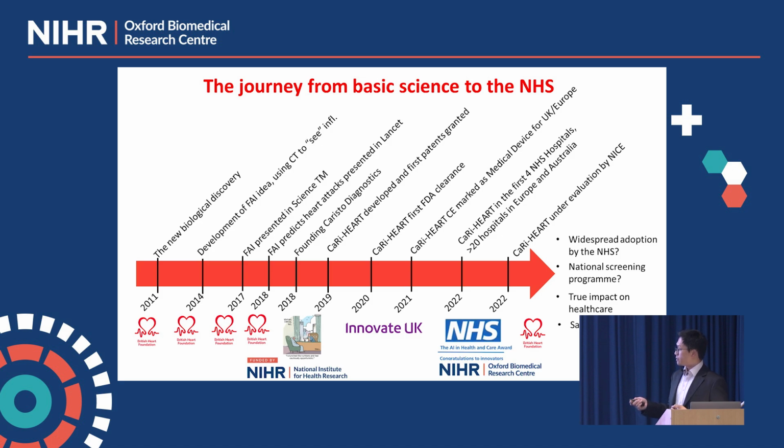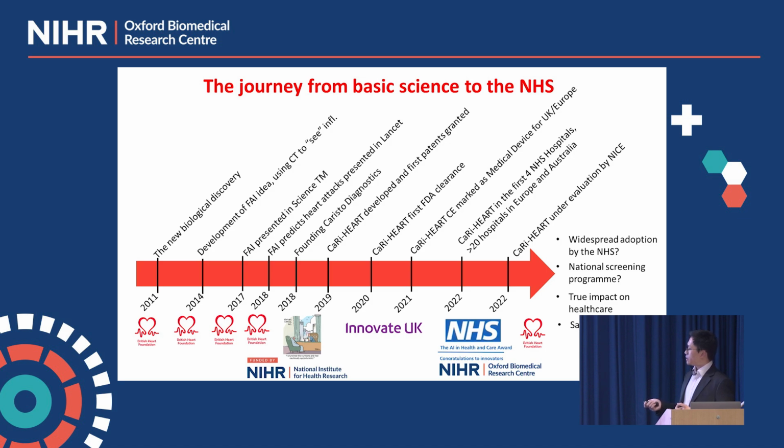So it has been quite a long journey from the scientific discovery of the technology of measuring inflammation of the heart arteries from the CT scan, all the way to implementing this in day-to-day practice, with the ultimate goal to help the health system and, more importantly, to save lives.